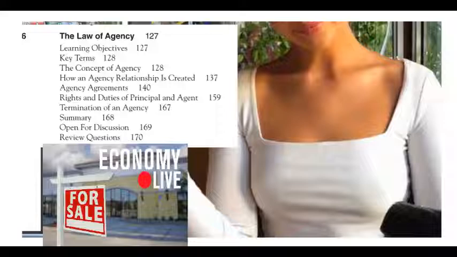Figure 6.3, Agency Confirmation Form. Confirmation of real estate agency relationships, as required by the Civil Code, C.A.R. Form AC. Listing agent is the agent of, check one, the seller/landlord exclusively, or both the buyer/tenant and seller/landlord.